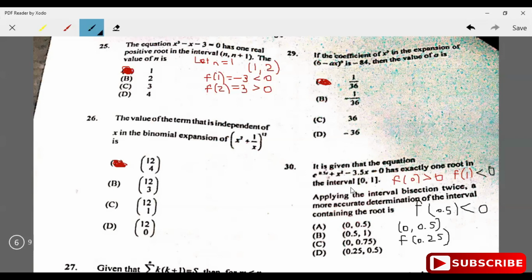That's greater than 0. Since it's greater than 0, the root lies between 0.25 and 0.5. So that's the range we narrow it down to. That's option D. Easy question.